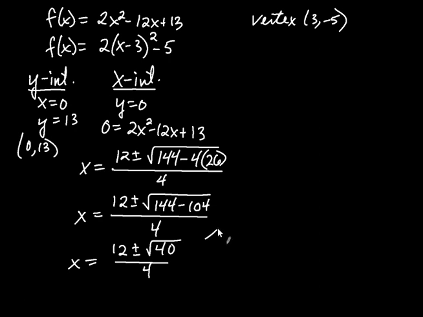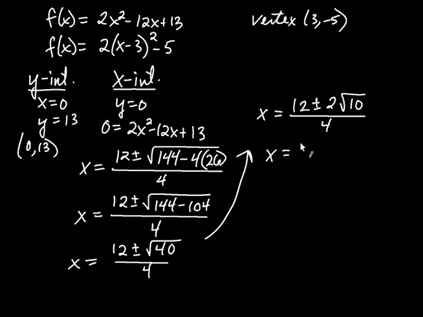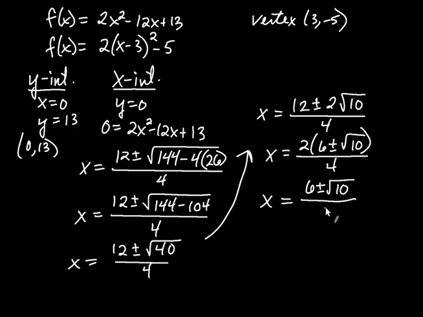So x is equal to 12 plus or minus, and this radical can be simplified as 2 square root of 10, all over 4. Then I can factor out a 2 from the numerator, so it's 2 times (6 plus or minus root 10) over 4. And then I cancel a factor of 2 from the numerator and denominator. So we get x equals 6 plus or minus the square root of 10, all over 2.